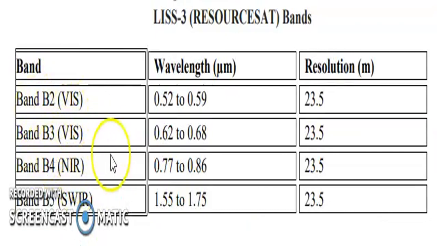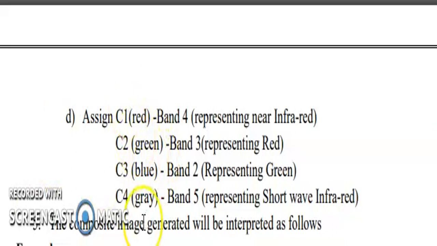So try to memorize this. Bands 2 and 3, which were picked up in the visible part of the spectrum, were given blue and green color. Band 4, which was infrared, was given red color. And band 5, which was shortwave infrared, was given gray color.